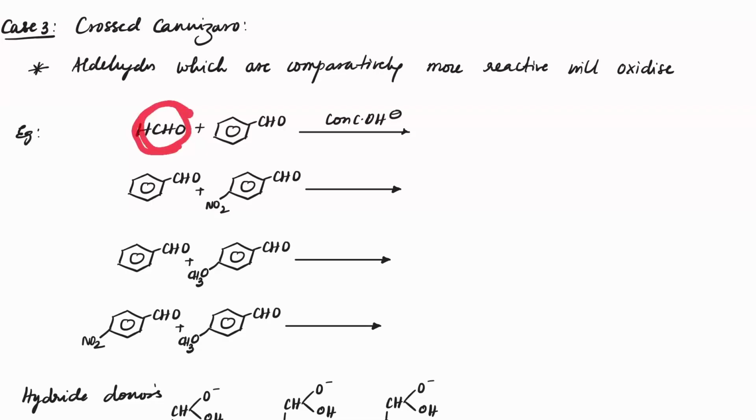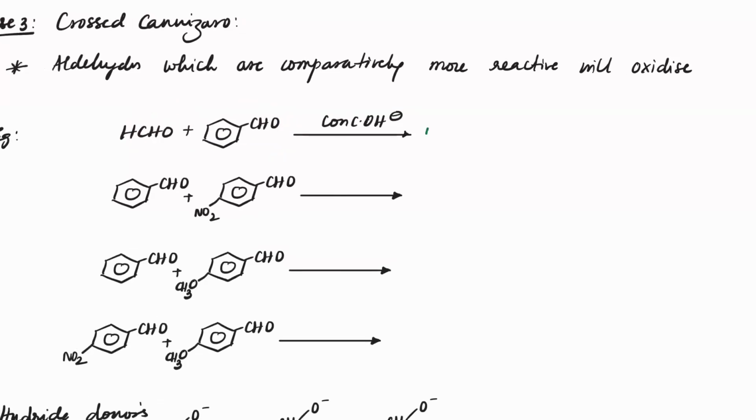For example, in this case, formaldehyde is more reactive than benzaldehyde. The one which is more reactive will be converted into the acid part, and the one which is less reactive will be converted into the alcohol part. That's the easy way to remember.